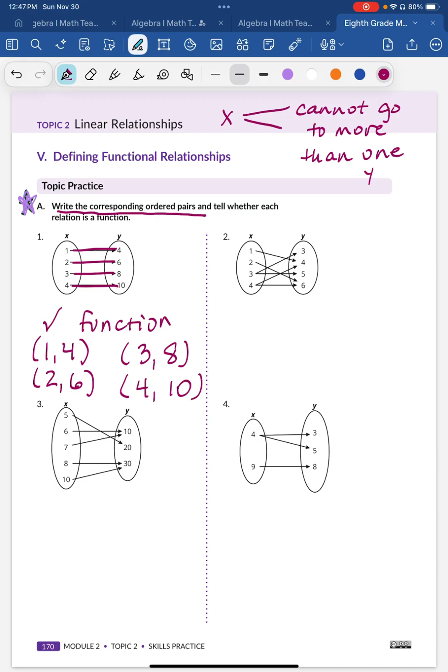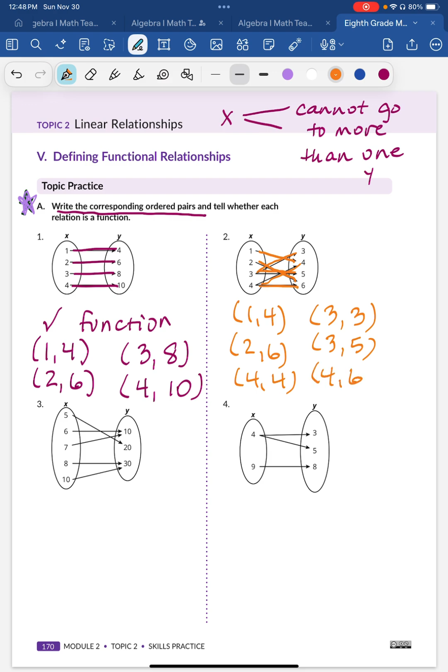Okay, so let's check this one. 1 goes to 4, 2 goes to 6, 3 goes to 3, 3 goes to 5, 4 goes to 4, and 4 goes to 6.